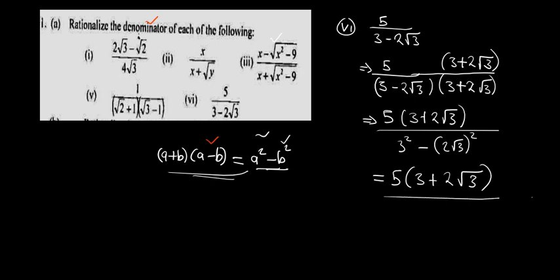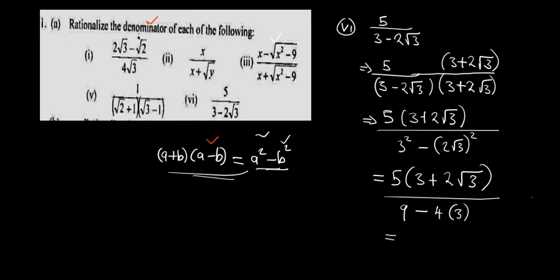Down there that will be 9, then minus 2 squared, that will be 4, times 3 there, so that will be 12, minus that.